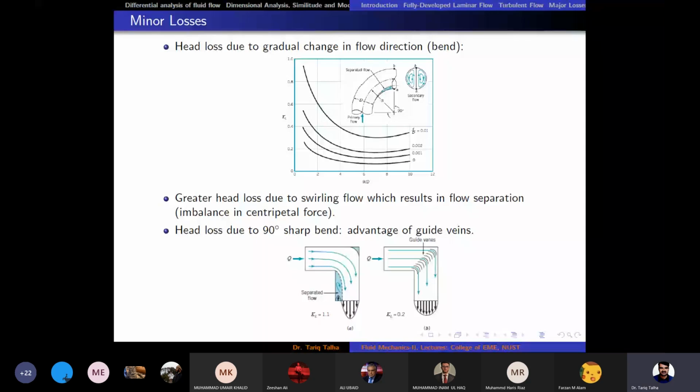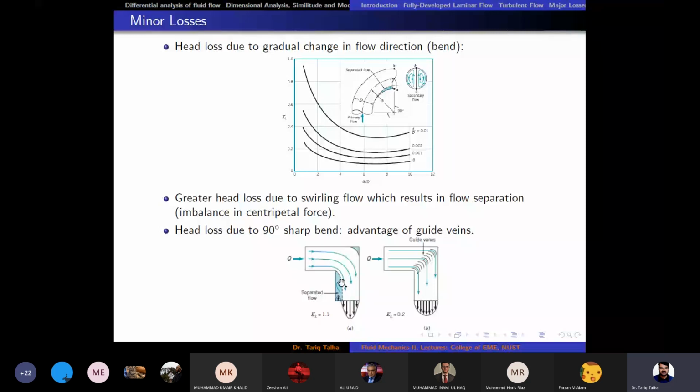In a closed loop water tunnel there would be some sharp bends, so we use guiding vanes very commonly, to reduce the losses due to flow separation which would occur if there were no guiding vane.